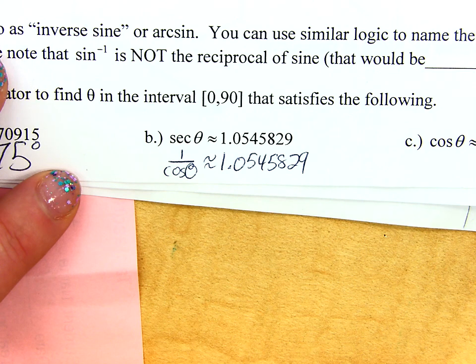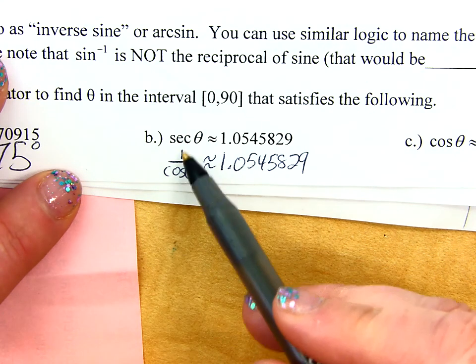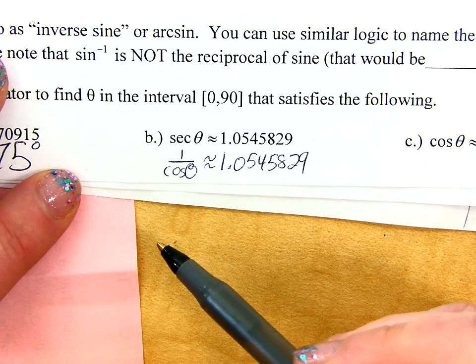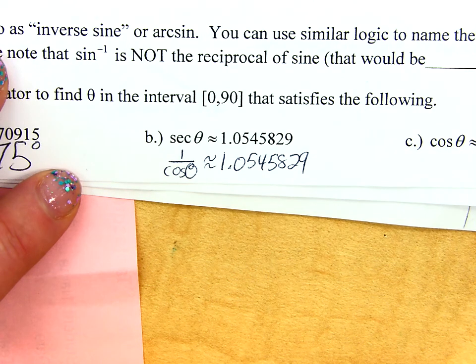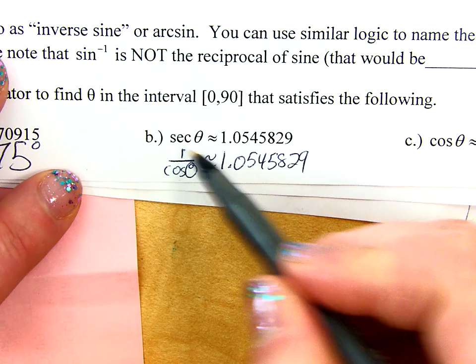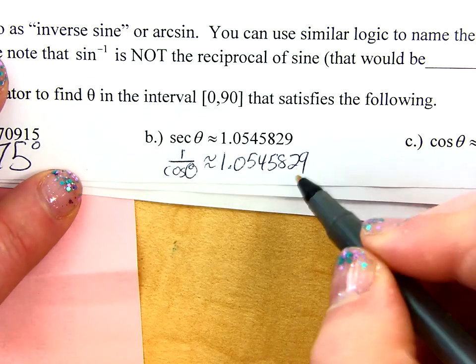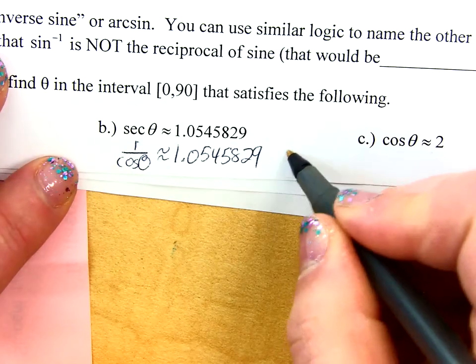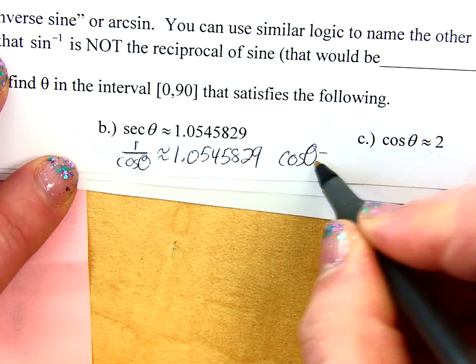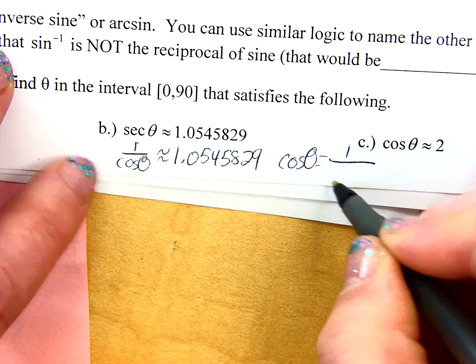So here's what I can do. I want just cosine of this, not 1 over cosine. So can't you take the reciprocal of both sides? Yes, so cosine of this would be equal to 1 over all this. So cosine of that equals 1 over that crazy decimal.